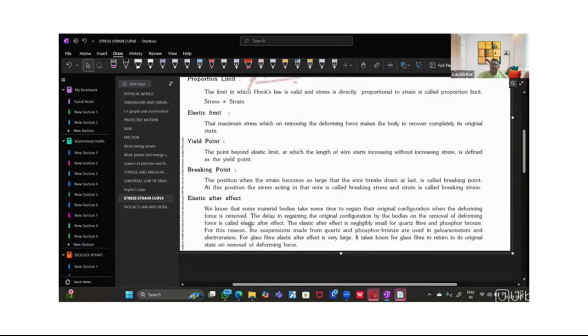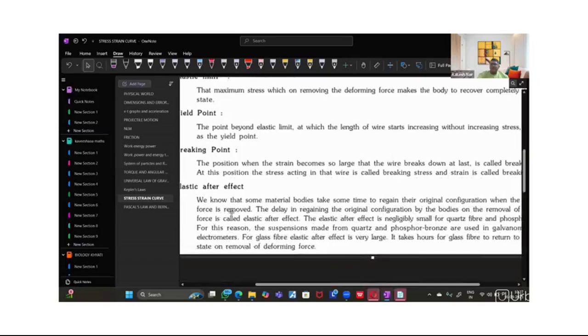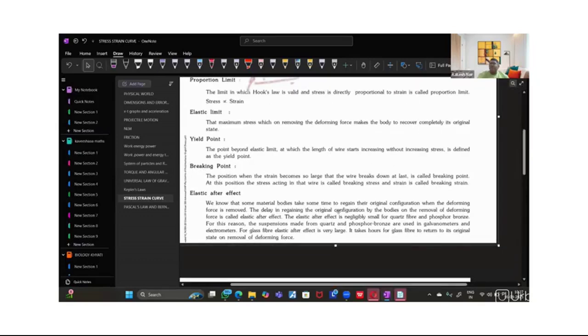Elastic after effect. Some material bodies take some time to regain their original configuration when the deforming force is removed, when the force which is causing deformation in that particular substance is removed.